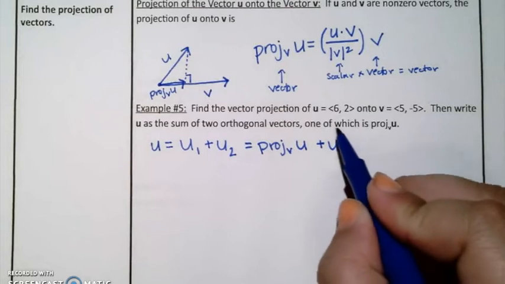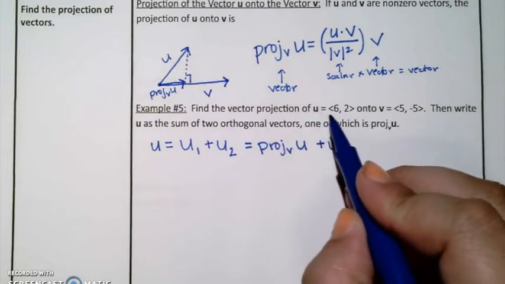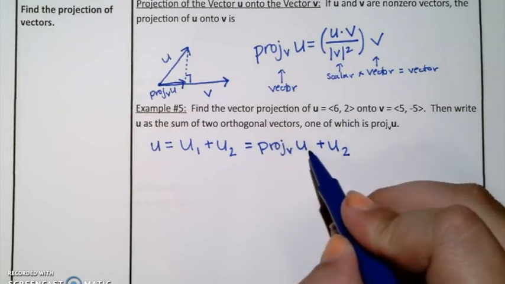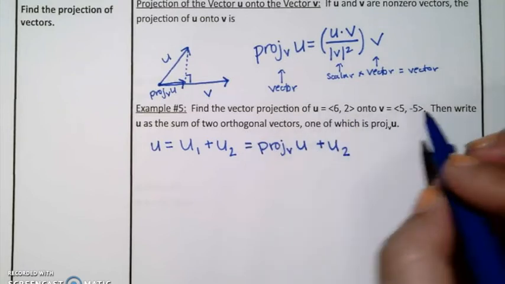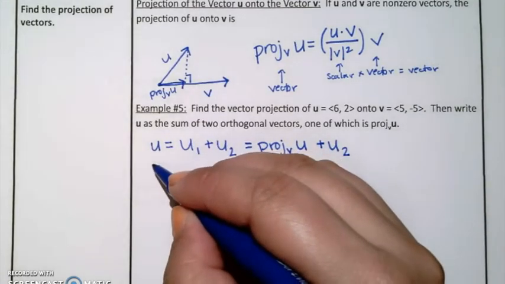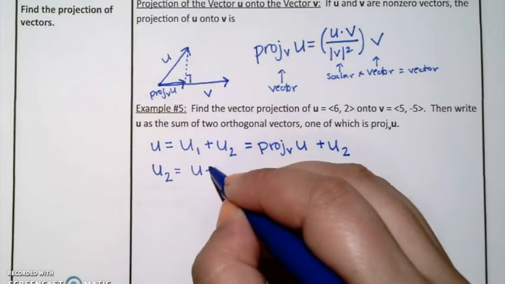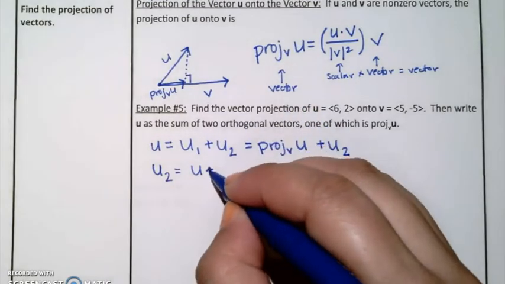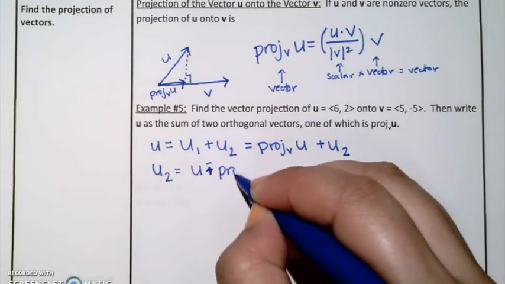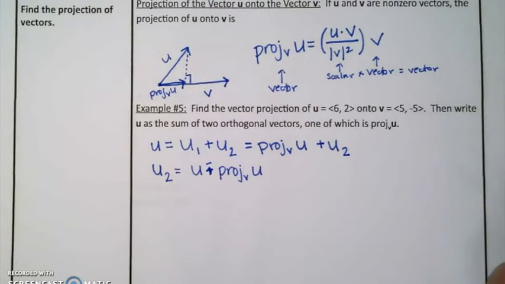In order to find out the value of that second vector, we already know u, we know how to calculate the projection, so if I subtract the projection from both sides, I'll be able to find the second vector equals u minus the projection onto v of u.